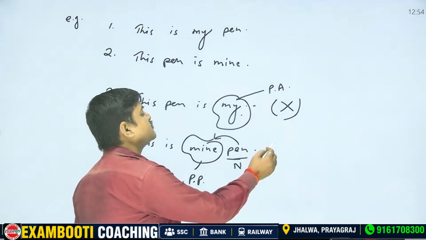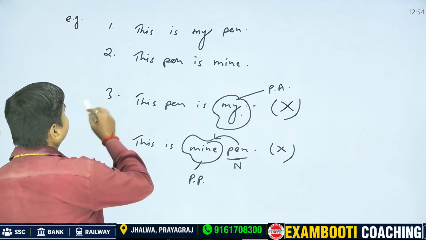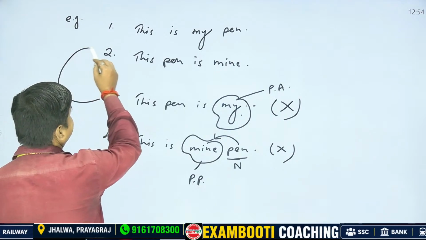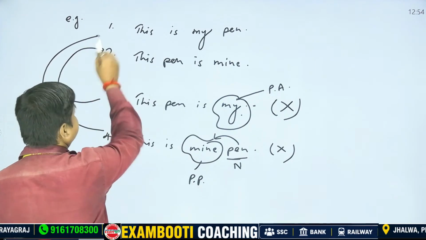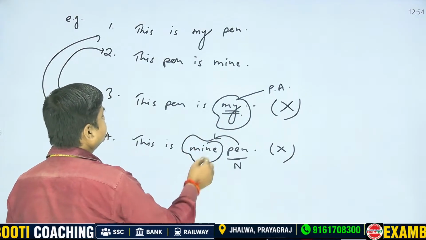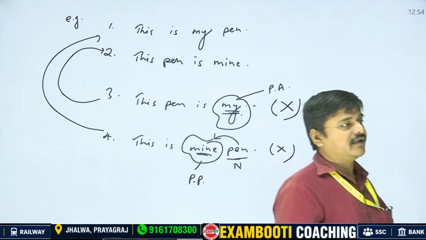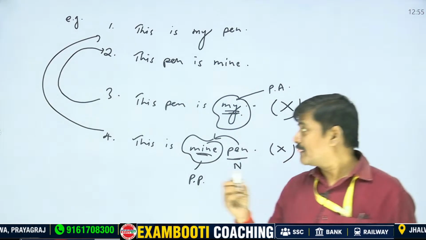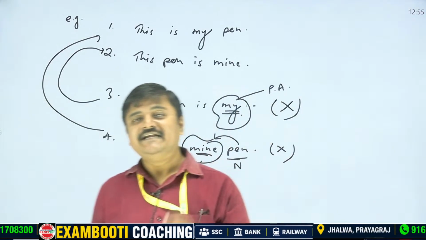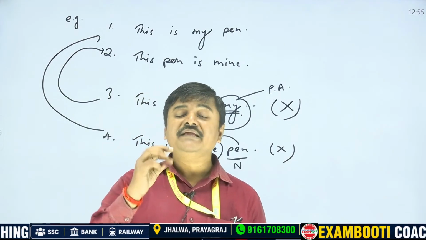So this is also absolutely incorrect. The correct version is to use mine here and use my here. Only then can you have a correct formation of the sentence. So this is the difference between PP and PA.